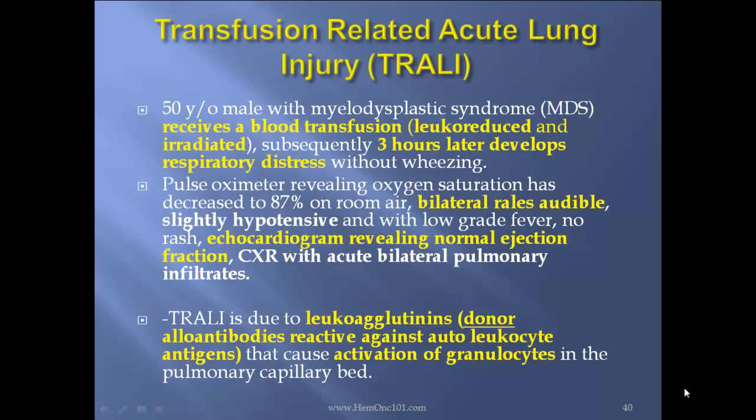Pulse ox reveals oxygen saturation has decreased to 87% on room air, bilateral rales audible, slightly hypotensive, low-grade fever, no rash, echo revealing normal EF, so this is non-cardiogenic pulmonary edema, and chest X-ray with bilateral pulmonary infiltrates. TRALI is due to leukoagglutinins, donor alloantibodies reactive against recipient leukocyte antigens that cause activation of granulocytes in the pulmonary capillary bed.